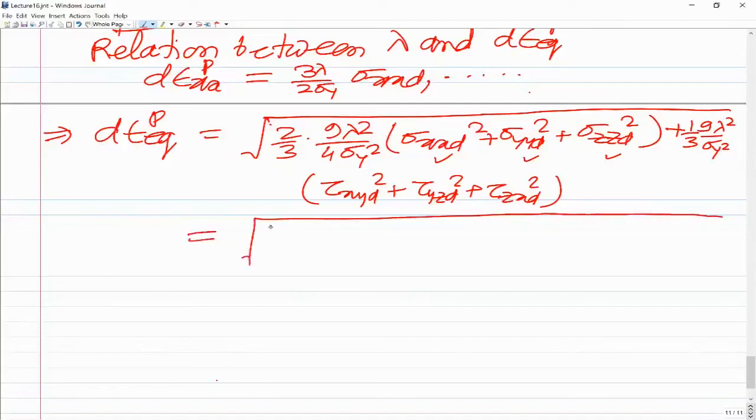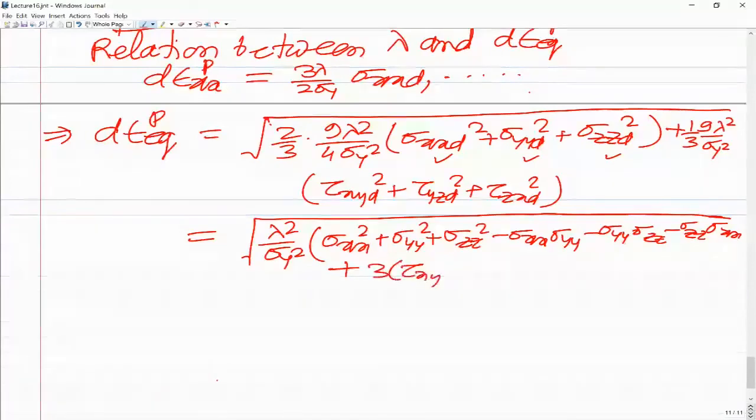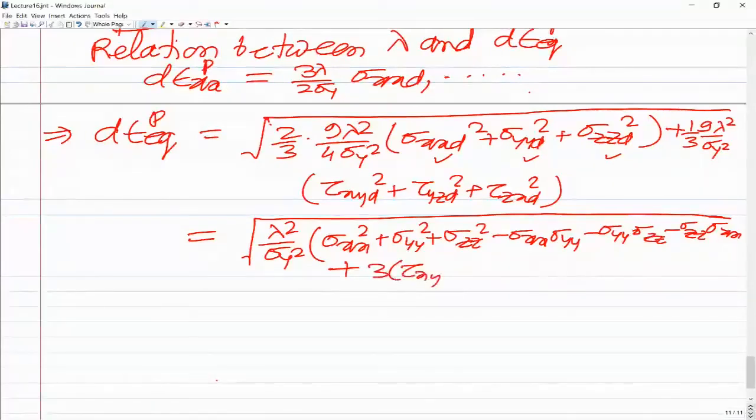So this comes as lambda square upon sigma y square, and inside after the simplification you will get sigma xx square plus sigma yy square plus sigma zz square minus sigma xx into sigma yy minus sigma yy into sigma zz minus sigma zz into sigma xx plus 3 times tau xy square plus tau yz square plus tau zx square.